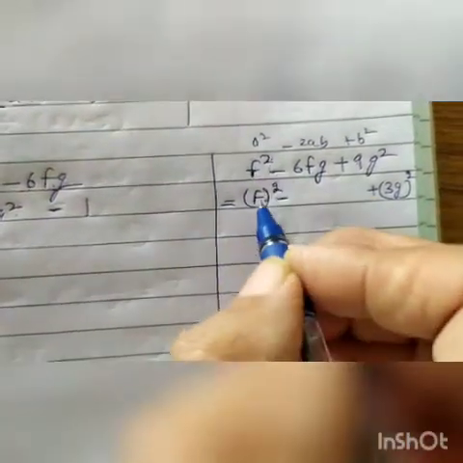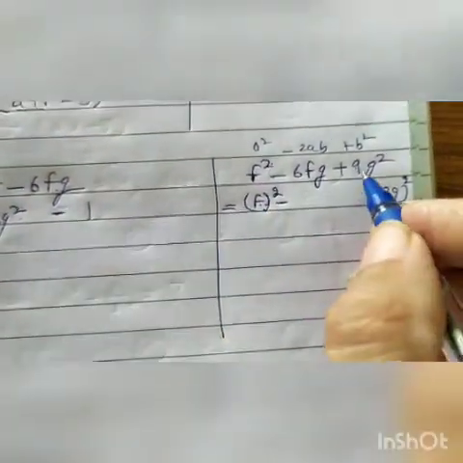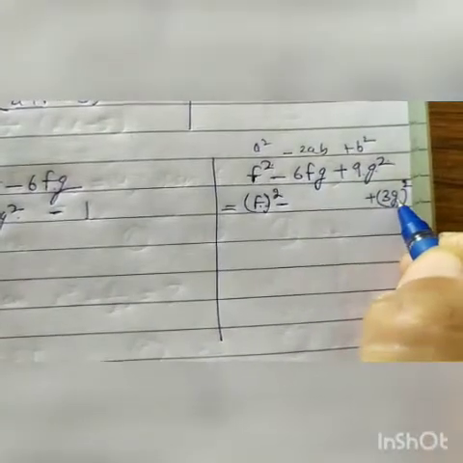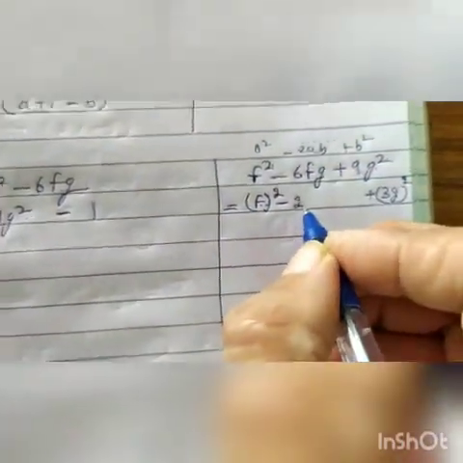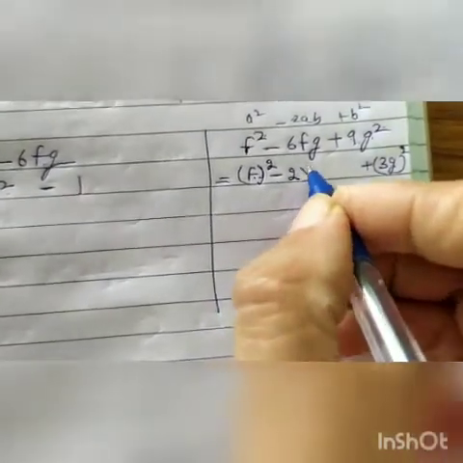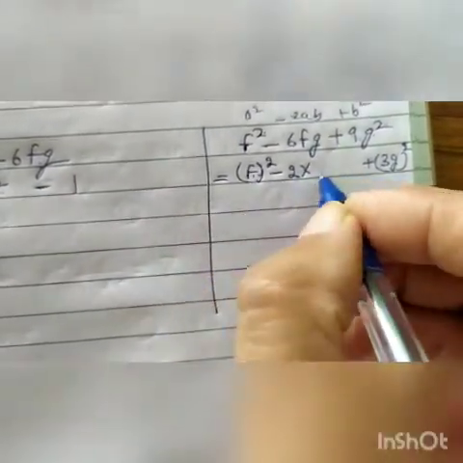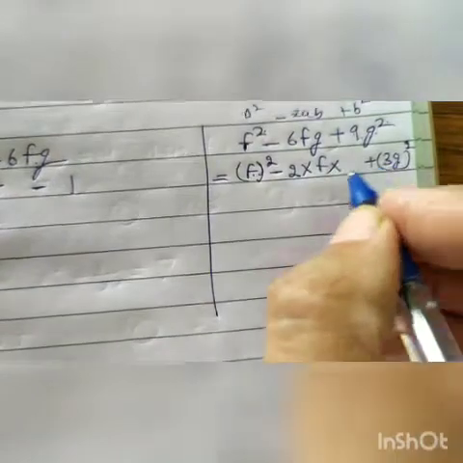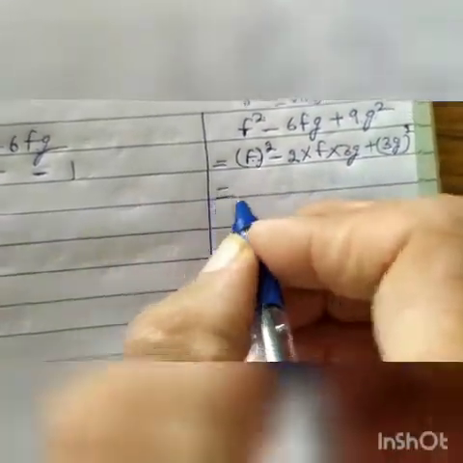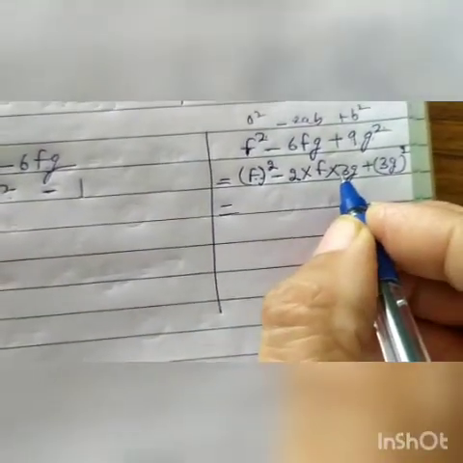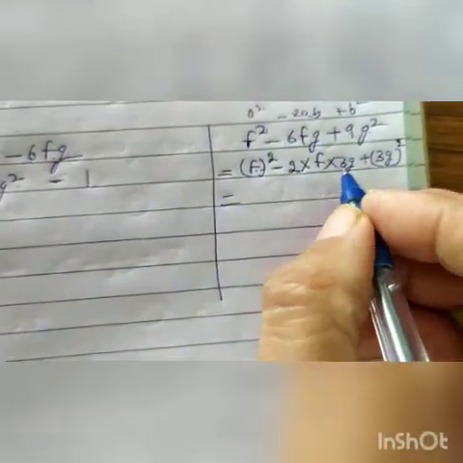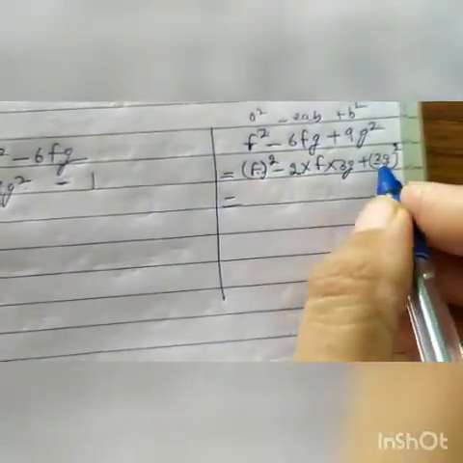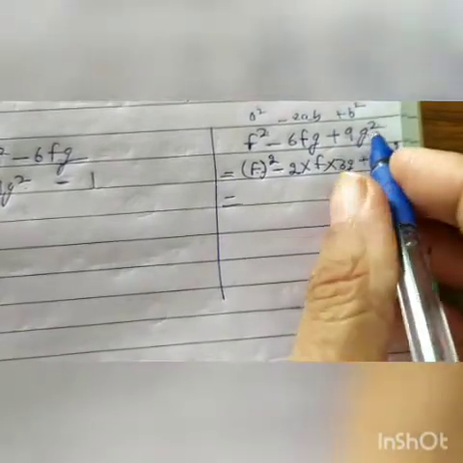If you are writing this square within the bracket, then it is wrong. So F square is the square of F, 9G square is the square of 3G. Then in between, what is 2AB? Minus 2 into A, where the value of A is F and B is 3G. Now you can check it. 2 times 3 is 6FG. See, F square minus 6FG plus 3 square is 9, G square is G square.